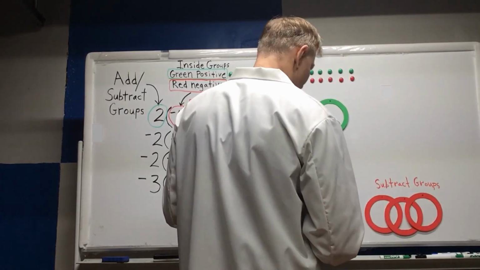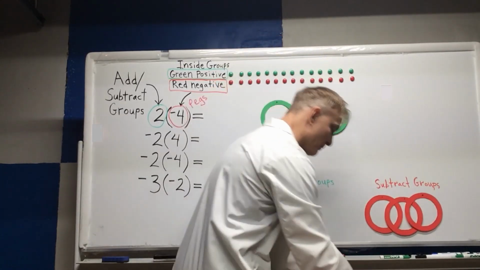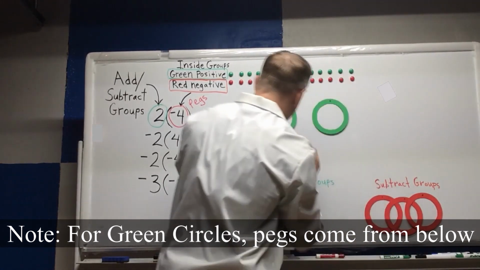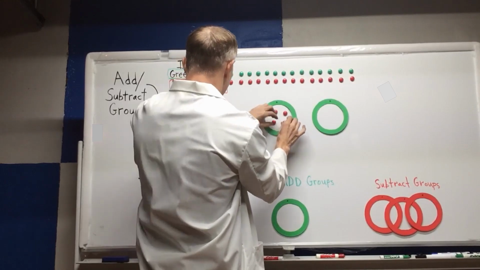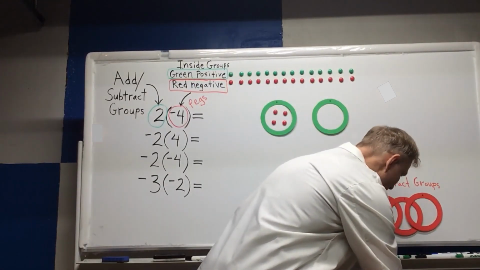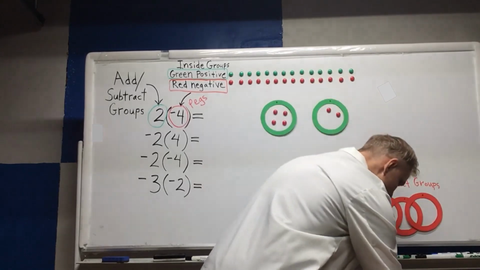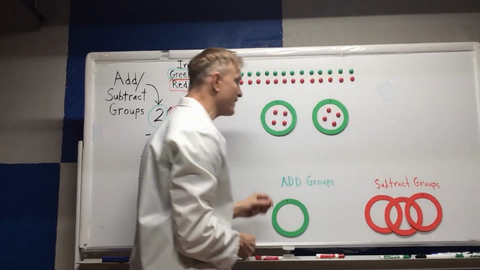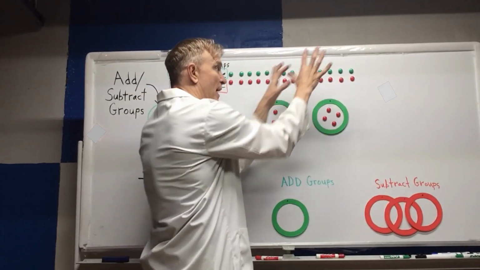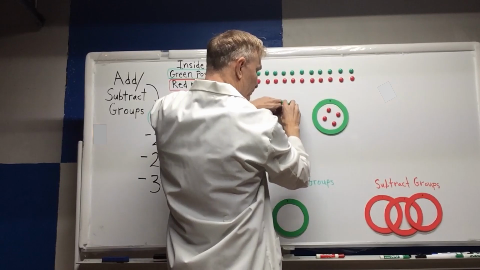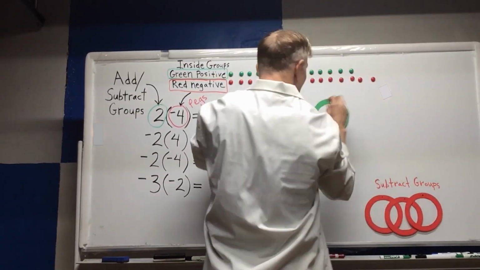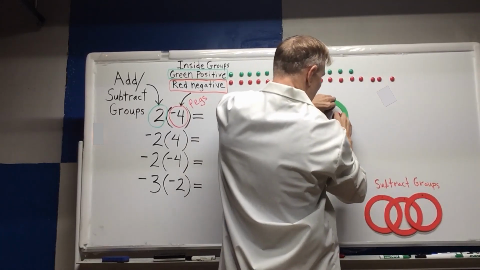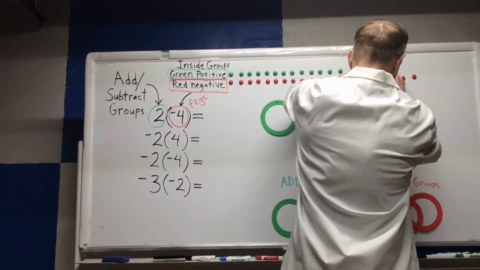So we're adding to the group, so we put 4 pegs in here, 4 pegs in there, and we put 4 pegs in there. Now, the green means we're adding to the total group. So we complete our pegs here.